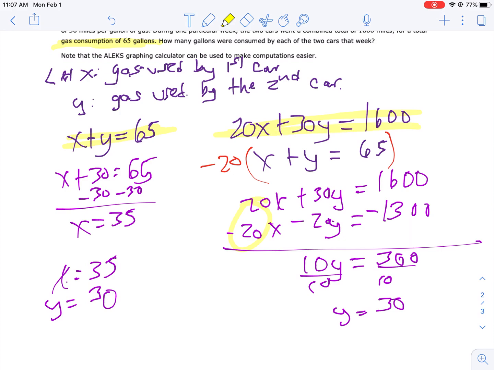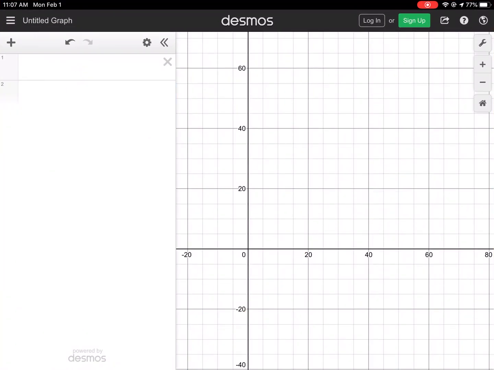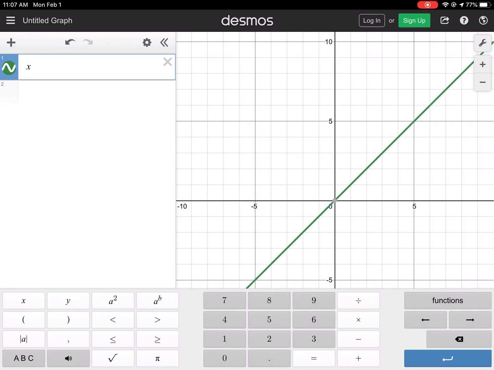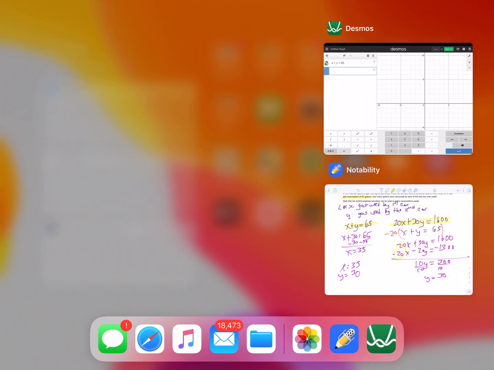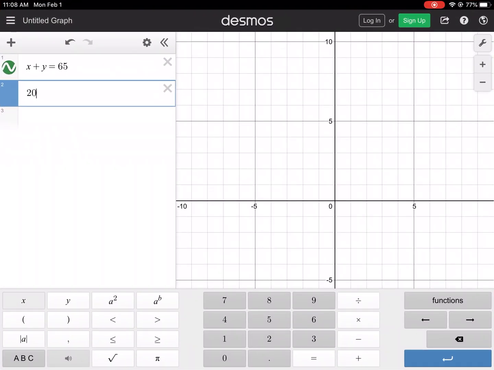So let's go ahead and do that. So we go x plus y equals 65. And then the other one was 20x plus 30y equals 1600.